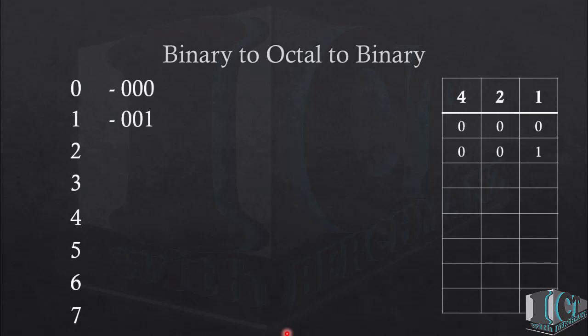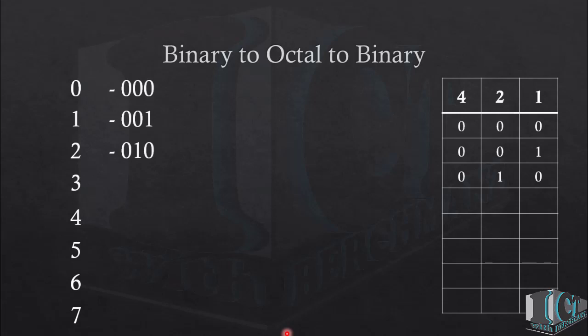If I want to get the value 2 in the table, I will have to write 1 under 2, and the other two values will be 0. So the value for octal 2 is 010. Next, I have 3.